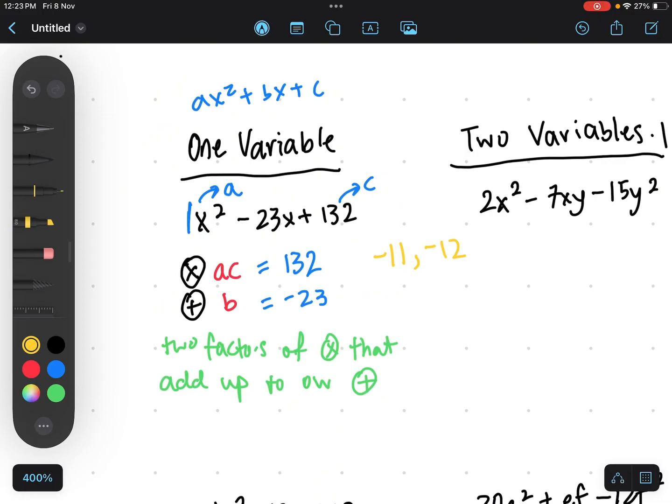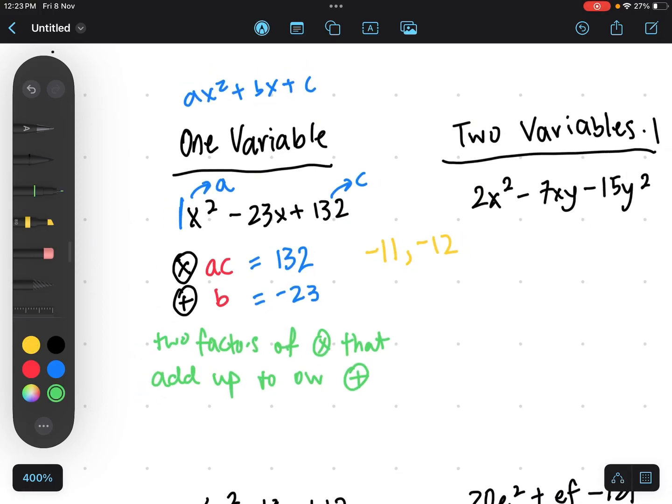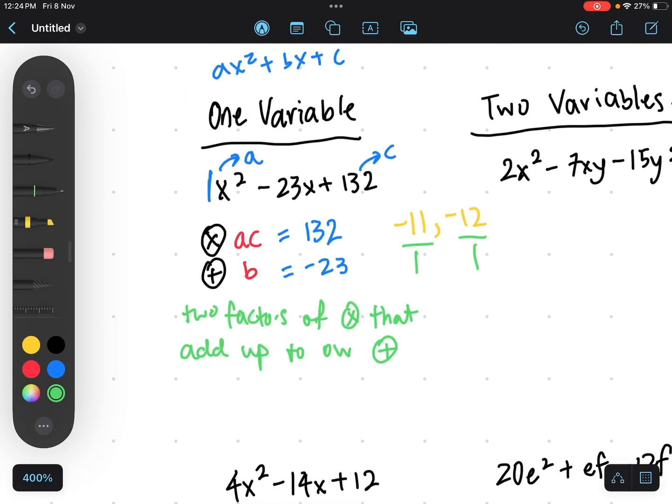Perfect. And now what we need to do is divide these by a, which in this case is 1. We cannot simplify this, so we don't simplify. Got it? So x squared minus 23x plus 132 equals two brackets. This one we divided by a.